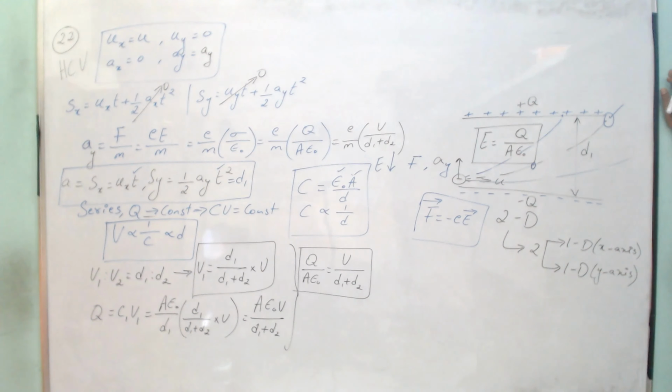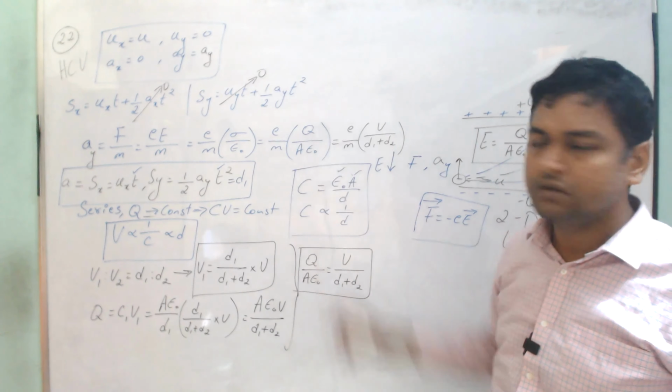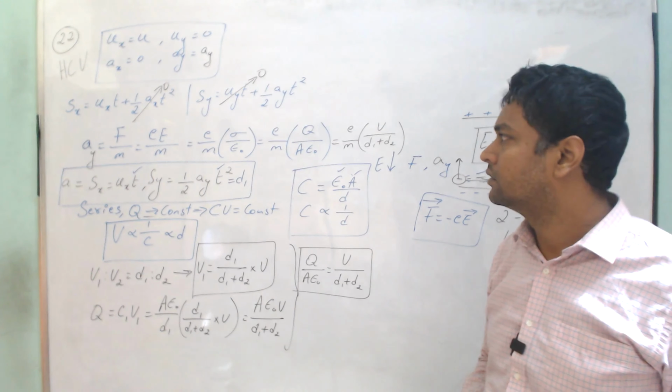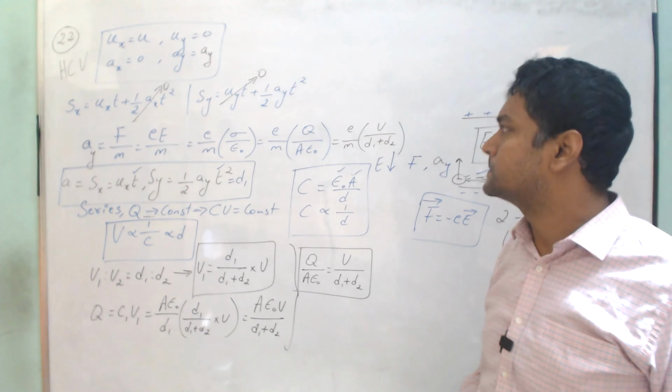Because there is Q by epsilon naught, so you found Q. I got Q here, right? Everything else is like we know only Q's and then that's it. Yes, sir. Okay.